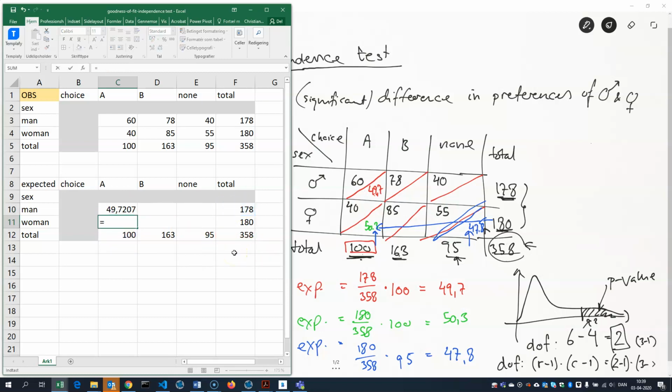In this case we have total number of women divided by the total number of observations multiplied by the total number of voters for candidate A. And so you keep going.